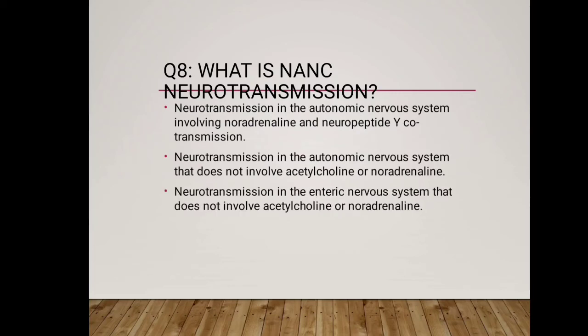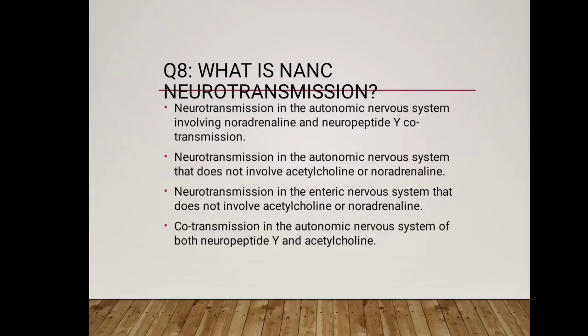Option number 3: neurotransmission in the enteric nervous system that does not involve acetylcholine and noradrenaline. Option number 4: co-transmission in the autonomic nervous system of both neuropeptide Y and acetylcholine. And the right answer is neurotransmission in the autonomic nervous system that does not involve ACh and noradrenaline, that is option number 2.